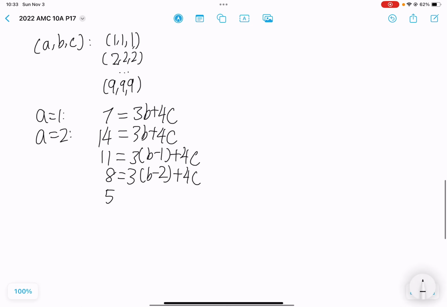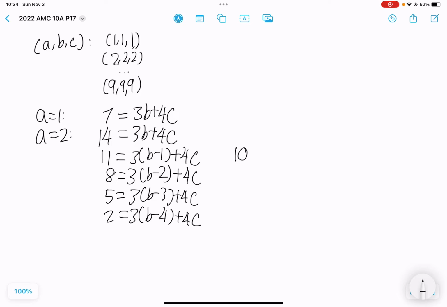Okay, so let's try this again. And this obviously doesn't work. 4c can't make 5, and this also doesn't work because 4c can't make 2. Okay, so what about when we subtract 4 from the equation?